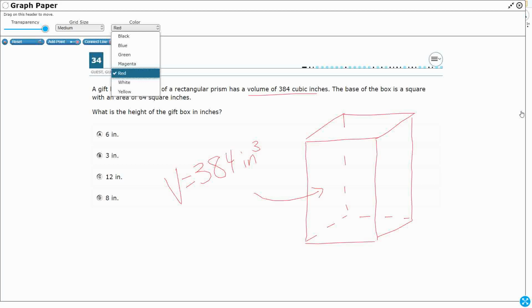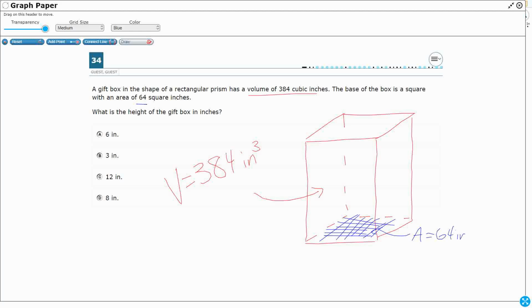And then we've got the base. Let me change colors here. The base is going to be square, with an area of 64. That's a square, and so that's going to be 64. That's the area, right? The base has an area equal to 64 inches squared.